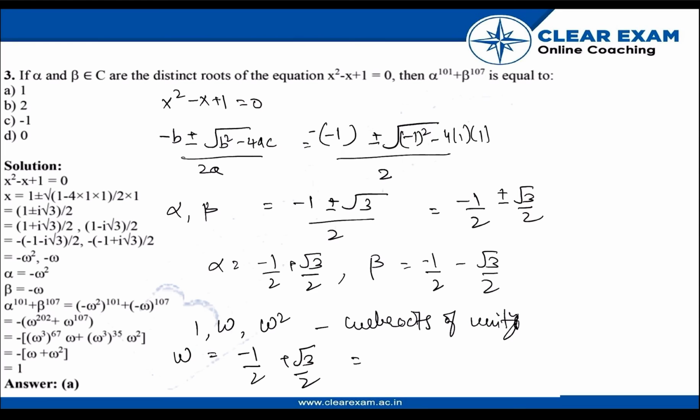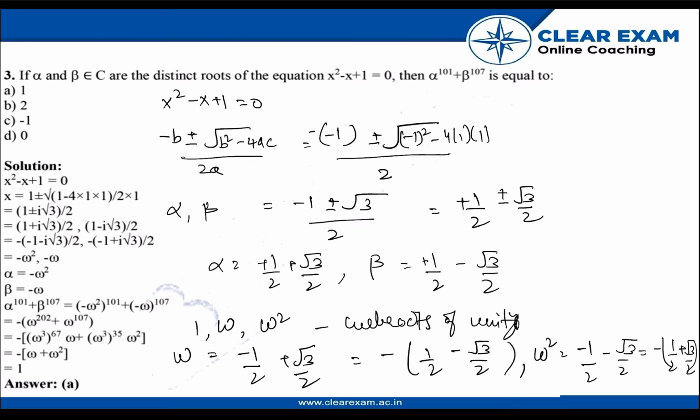If we take minus common, we get 1 upon 2 minus root 3 by 2, and omega square becomes minus 1 upon 2 minus root 3 by 2. Taking minus common, 1 upon 2 plus root 3 by 2.